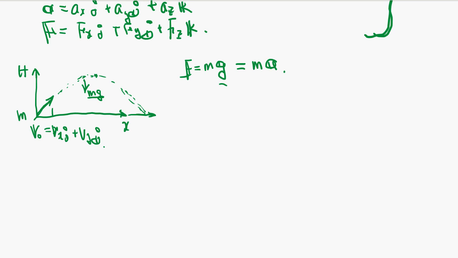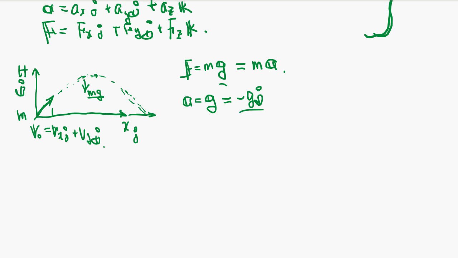So you have acceleration a equals the gravity constant, which is negative gj. We assume this is i and this is j, right?